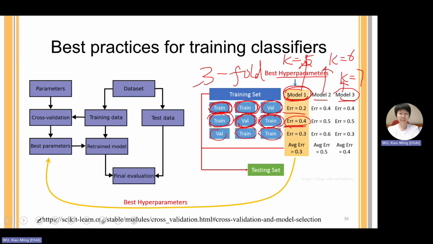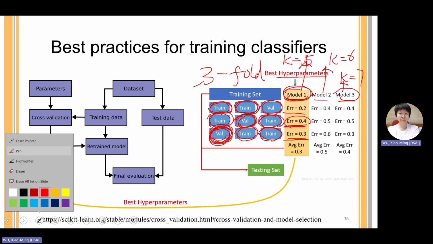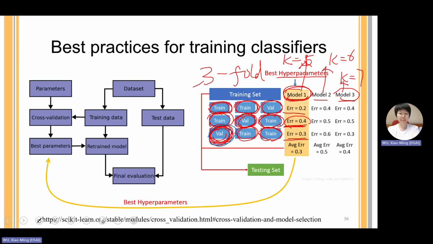If you use the second and third folds for training and this one for validation, you can compute another error rate. The error rate is computed on the validation set.